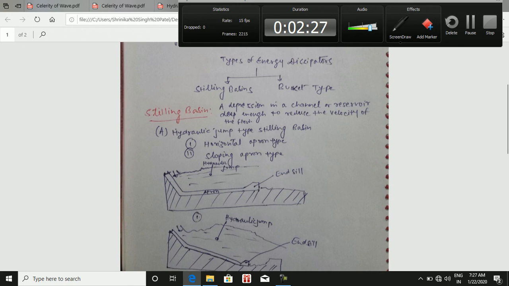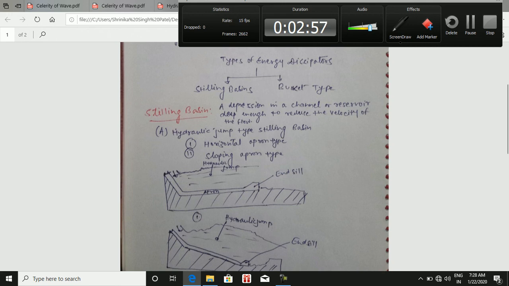If we construct a channel or reservoir, we ensure the depression is deep enough, and by that we can reduce the kinetic energy.